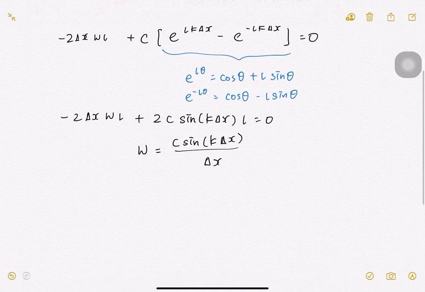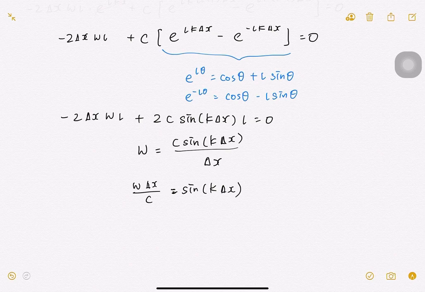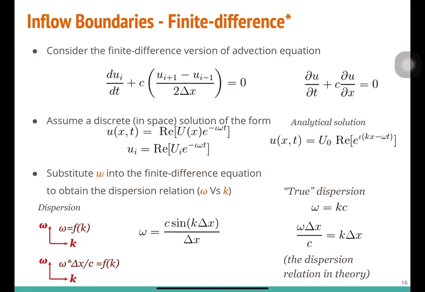And then if we do something on this side, we will have omega in terms of k this way. So this is what we have in the slide here.